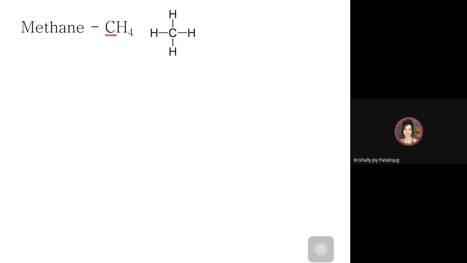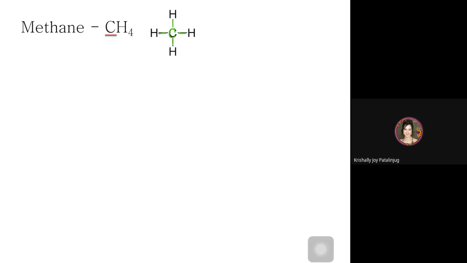You have a carbon as the central atom. It forms 4 single bonds. Alright? Or it forms 4 covalent bonds towards hydrogen.